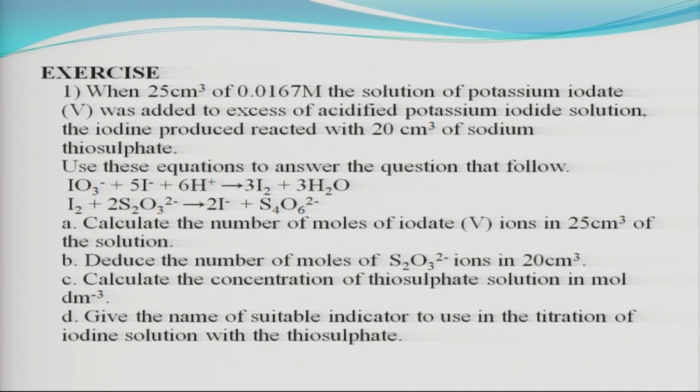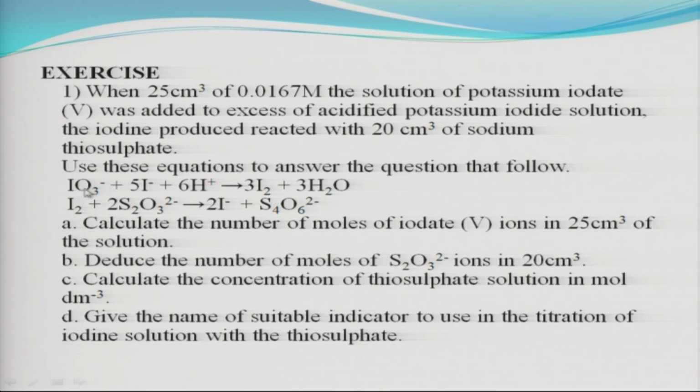So when 25 centimeters cubed of 0.0167 molar solution of potassium iodate was added to excess acidified potassium iodide, the iodine was produced. If you look at our equations very well, this iodate here was added to potassium iodide.